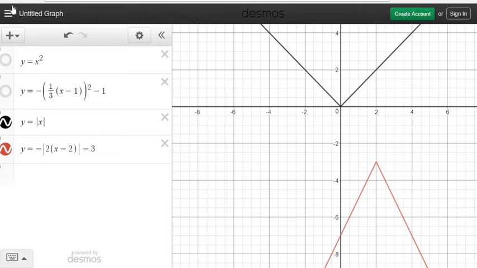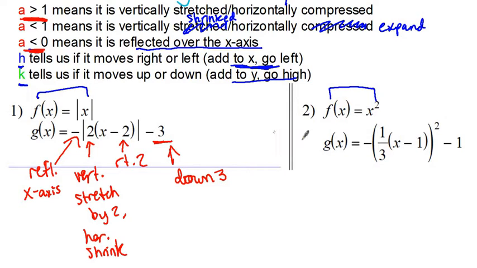Let's try that second one, which is the parabola. Same thing, it's going to do 4 things here. So let's think about what this is going to do, and I want you to try this if you haven't. Add to x, go left; we're subtracting from x, so we should go right 1. We're adding to y, go high; this time we're subtracting from y, so that means go down 1. This 1/3 is a number less than 1, a fraction.